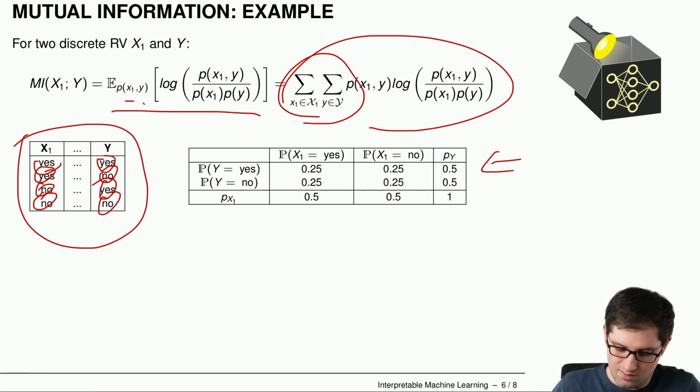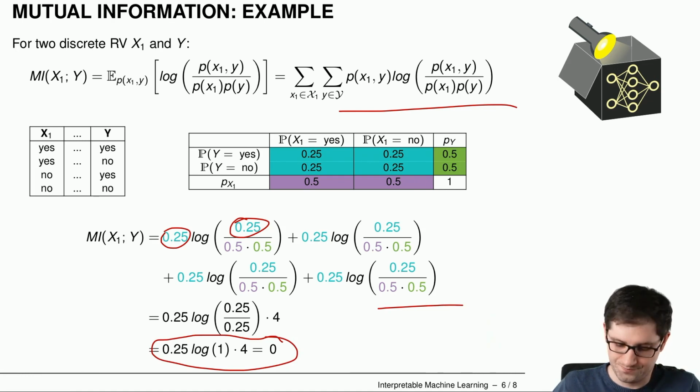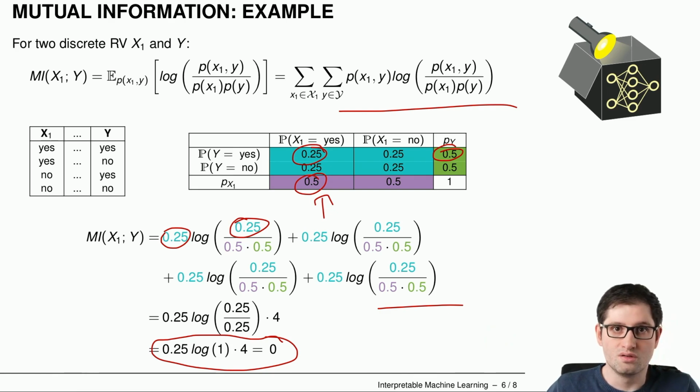We can use the formula over here and plug in each possible value, and doing this for all values ends up in a mutual information of 0. From this table we also see that the two random variables are independent, because the product of the marginal distributions for each possible combination results in the joint distribution.